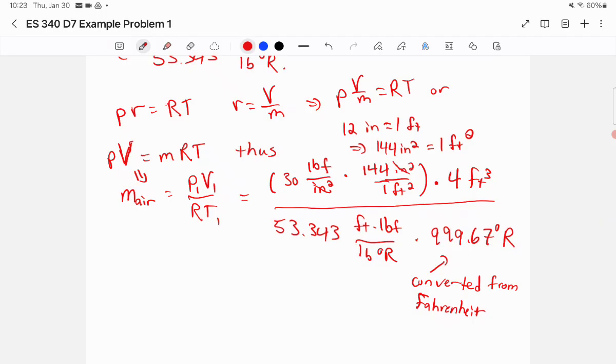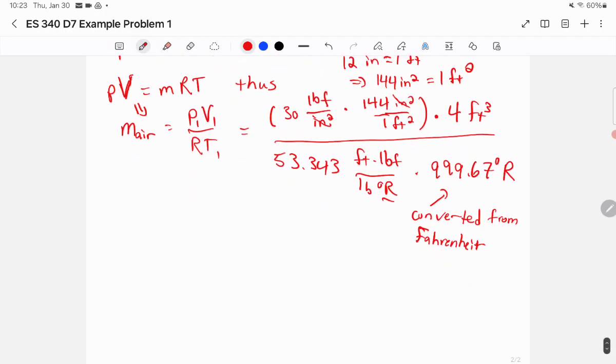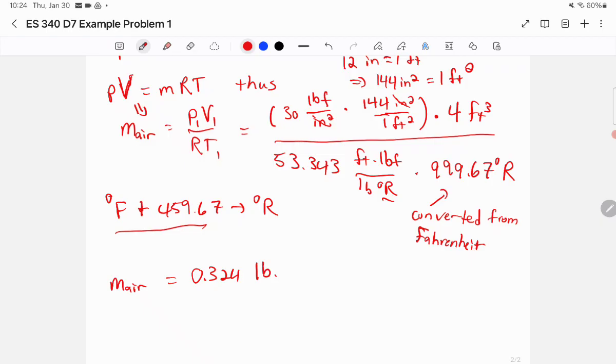So we have to convert this. And you can even see that the units here have per degree R, just to remind you that that is actually the case. So degree Fahrenheit plus 459.67 goes to degree Rankine. Okay, so that's the conversion. So this gives us that the mass of the air is equal to 0.324 pound, assuming I did the calculations right.